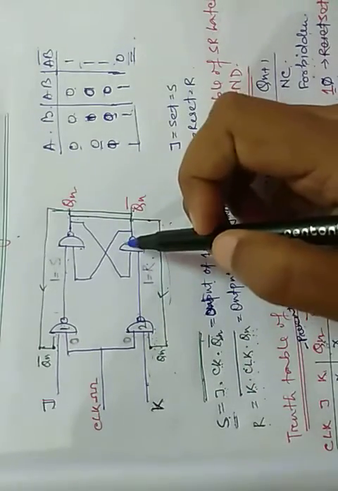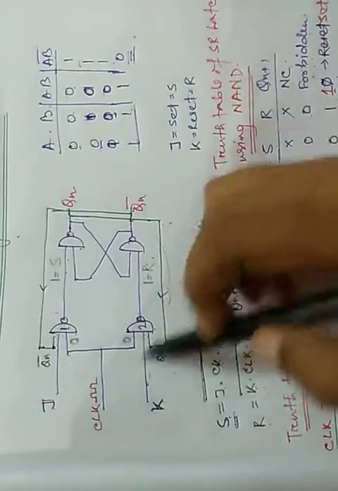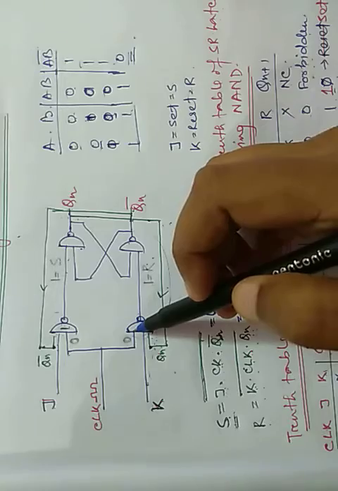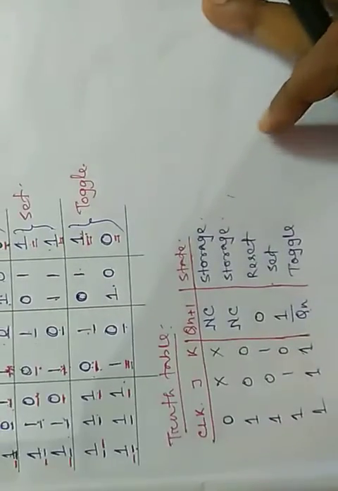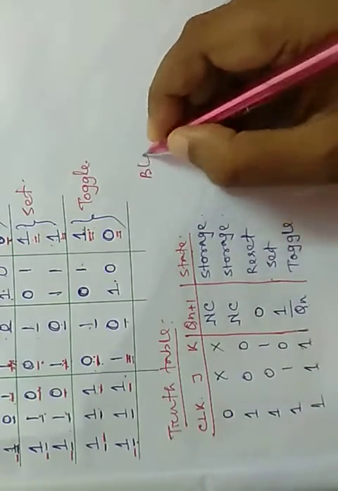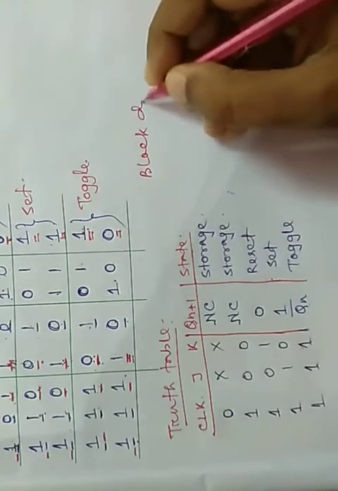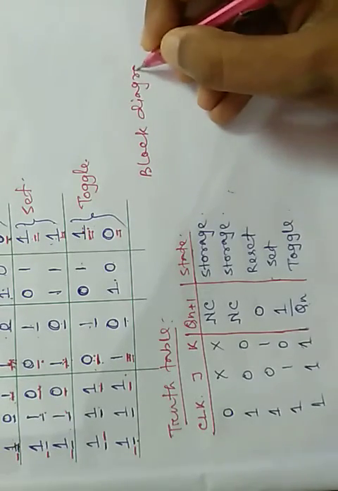These are the only differences. There is a difference in logic diagram, but the truth table in both the cases is the same. The block diagram is also the same.